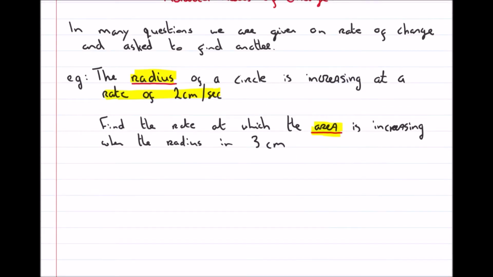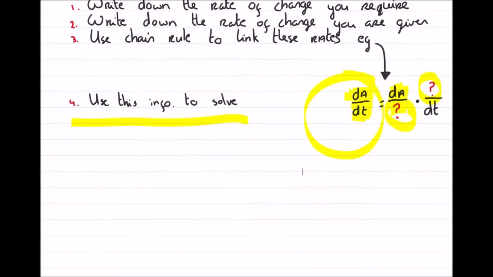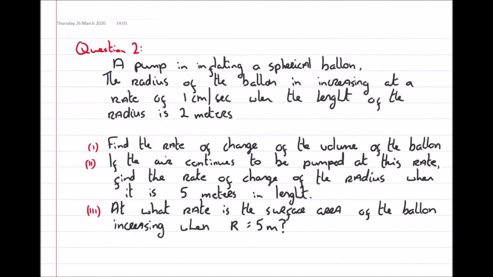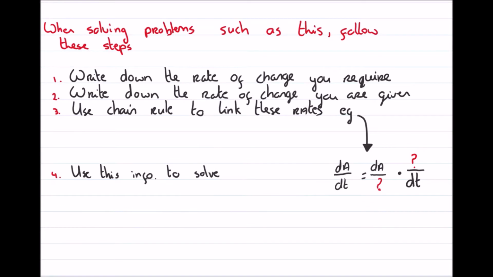Let's go back to this question. The radius of a circle is increasing at a rate of 2 centimeters per second. Find the rate at which the area is increasing when the radius is 3 centimeters. Let's look at step 1.